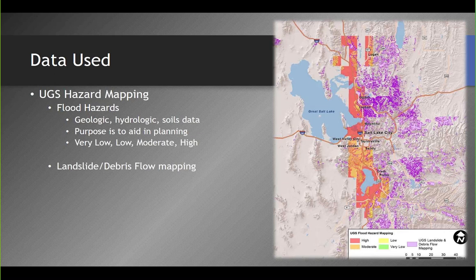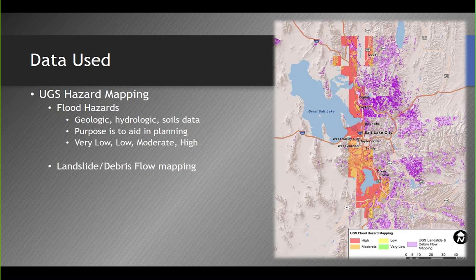They looked at geologic information, hydrology, and NRCS soils mapping to try to assist communities with identifying the type of flooding hazard that existed along the range front. The purpose was to aid communities and agencies in planning.